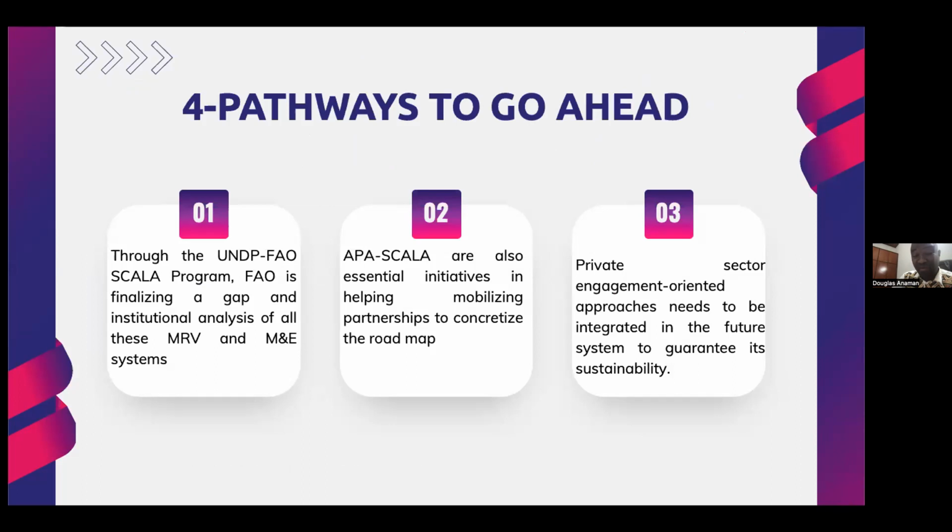Now, the pathways to go ahead. Through the UNDP FAO SCALA programs, FAO is finalizing a gap and institutional analysis of all these MRV and MNE systems. The second pathway is the SCALA approach, which is also essential as an initiative in helping mobilize partnership to concretize the roadmap.